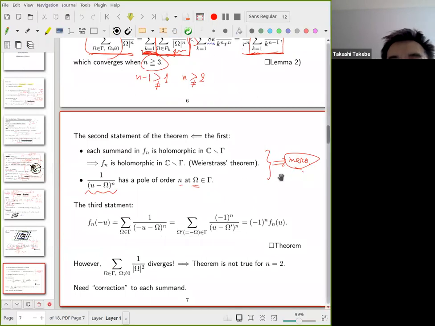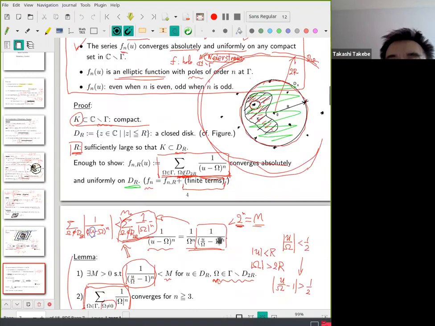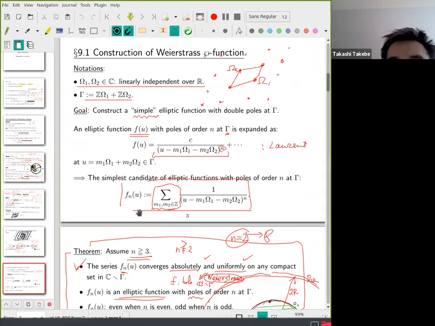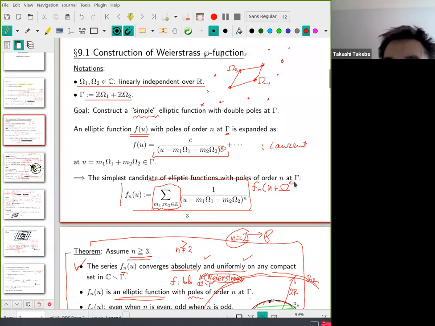So Fn is a meromorphic function, and periodicity is almost evident because of this sum, Fn of u plus omega is Fn of u.